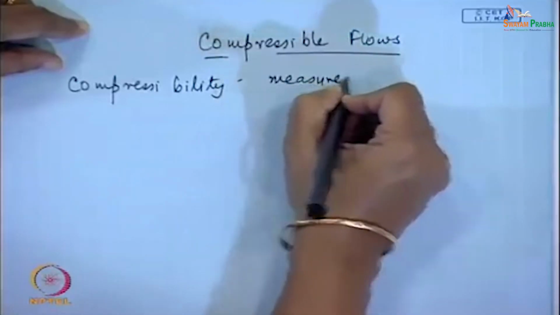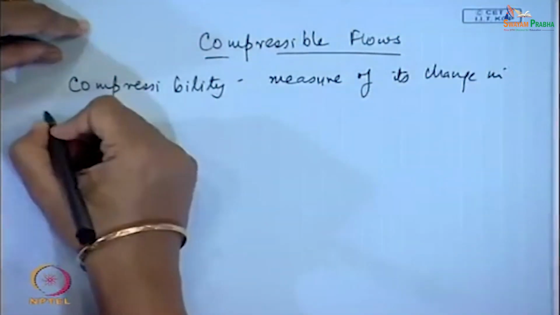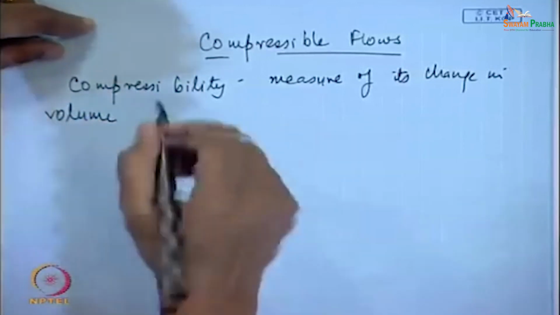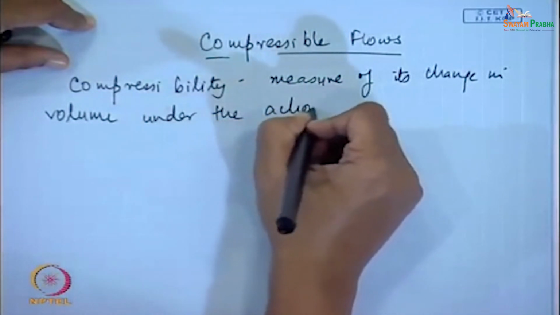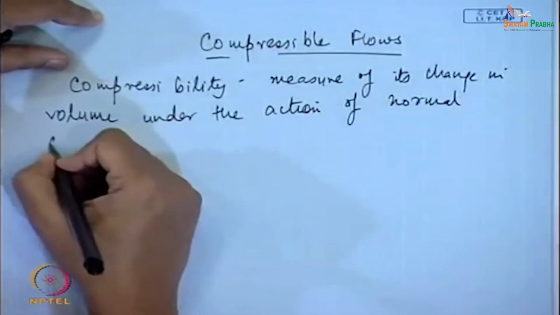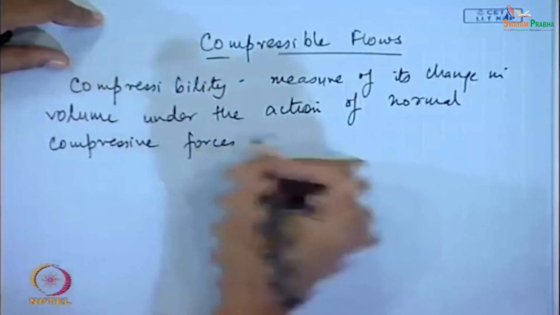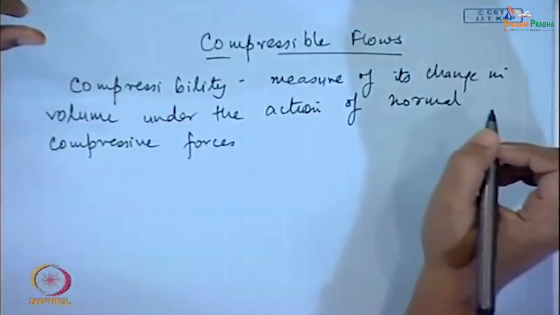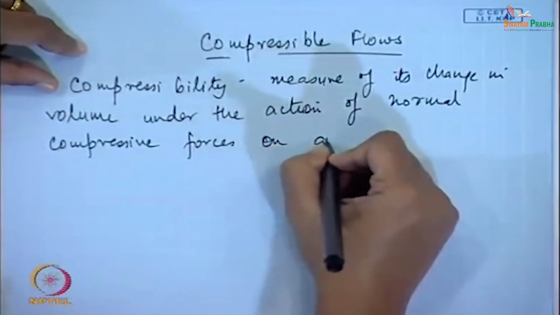Okay. So, the basic definition is that it gives you a measure of its change in volume under the action of normal compressive forces. Actually, I should have prepared a slide, but anyhow, this is what is important. It is a measure of the change in volume of the substance under the action of normal compressive stresses on any fluid element.